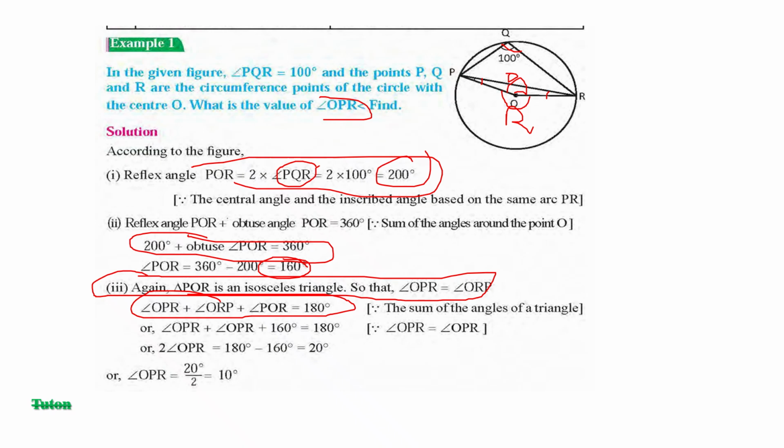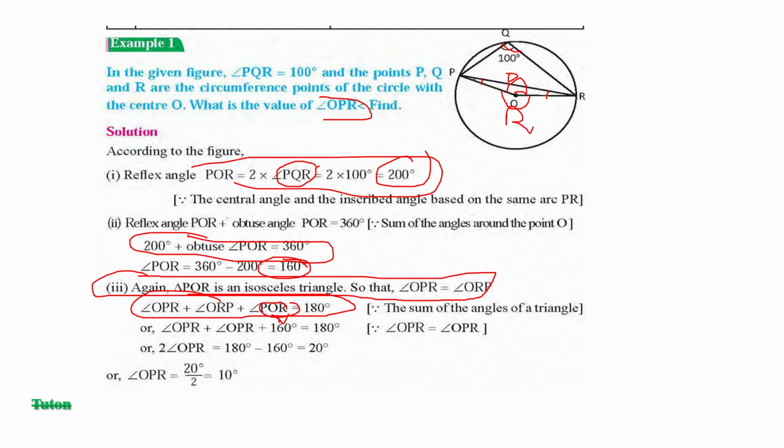We have calculated the value of POR as 160 degrees, so we put that in the next step. Since the triangle is isosceles, angle OPR and angle ORP would be the same.